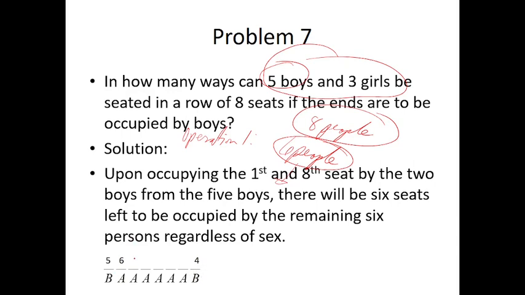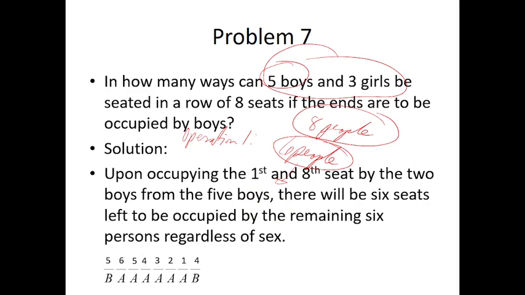Any gender can occupy this second seat. Next, the third seat is to be occupied by any gender. Therefore, there are 5 people remaining now because 3 are already occupied. Therefore, this will be 5. Okay? And the pattern continues. 4, 3, 2, 1, and so forth. Okay? 5, 4, 3, 2, 1. We will end up with 1. That's the termination.